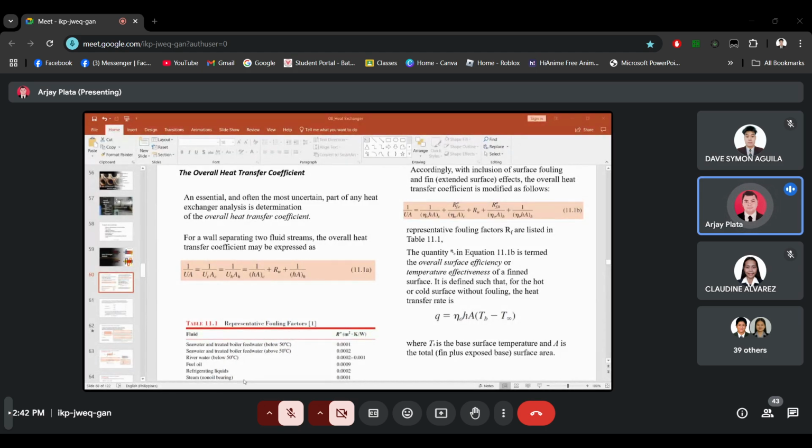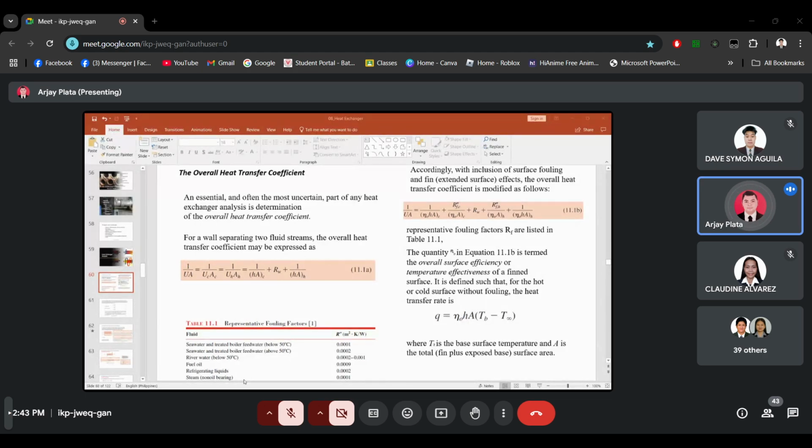The convection heat transfer coefficient can be derived through the use of correlations. If you remember, last time we had an example wherein we used the Nusselt number to determine the value of h.